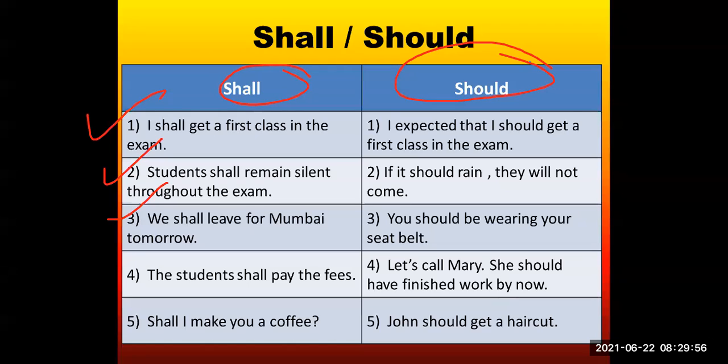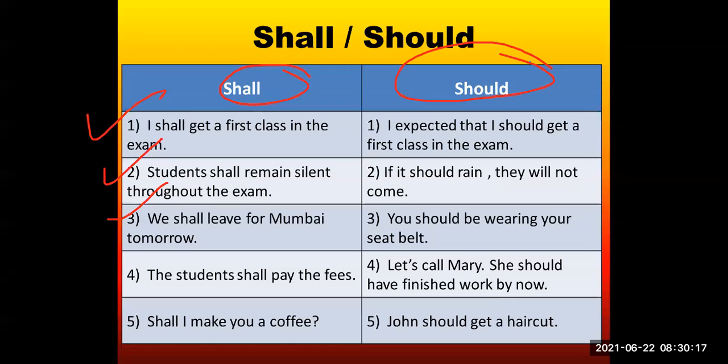The second example is for belief: if it should rain, they will not come. I think so. Third example: you should be wearing your seat belt. Which function does this example come under?